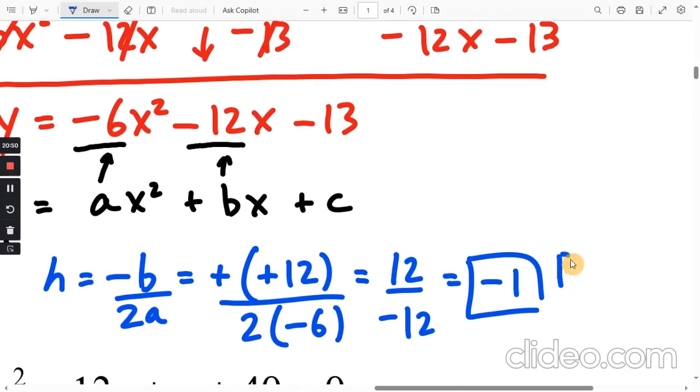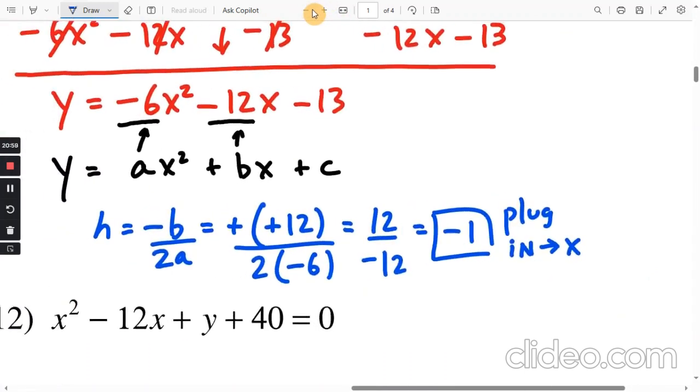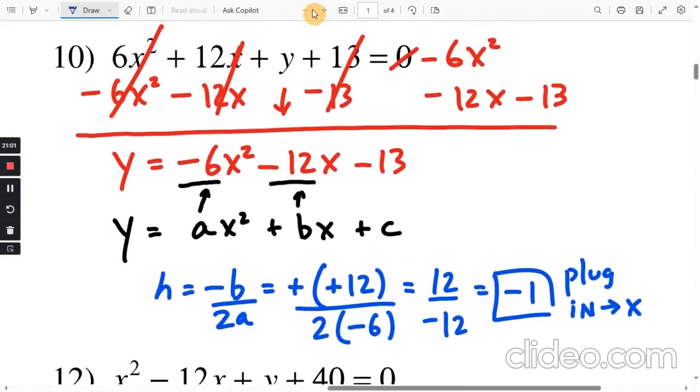You want to take that negative 1 and plug it in for x. All right, so when you do that, you go back to this equation right here. All right, and you plug in x equals negative 1.